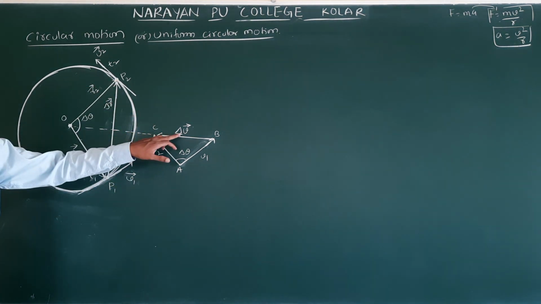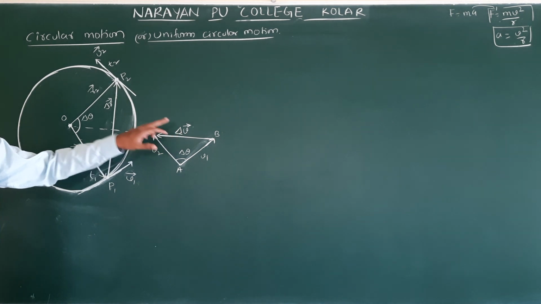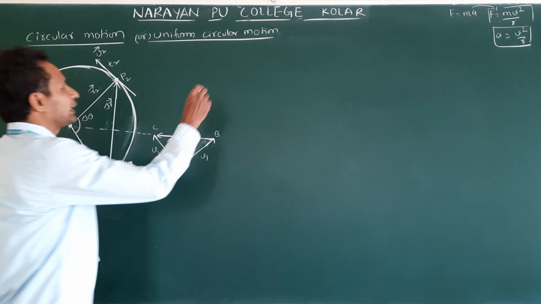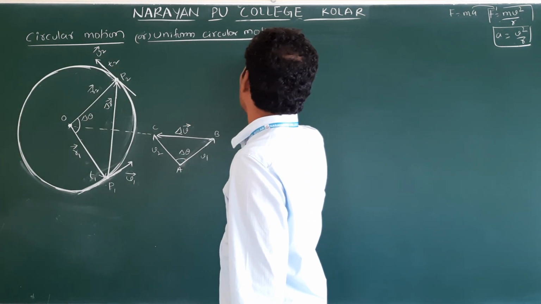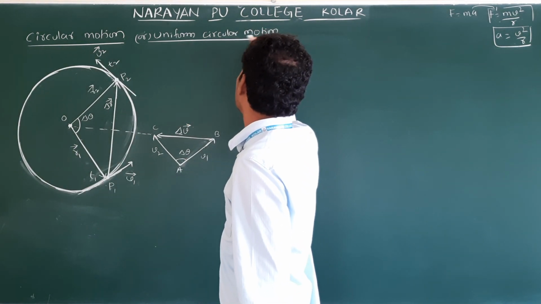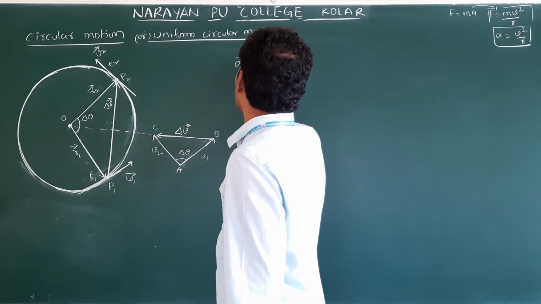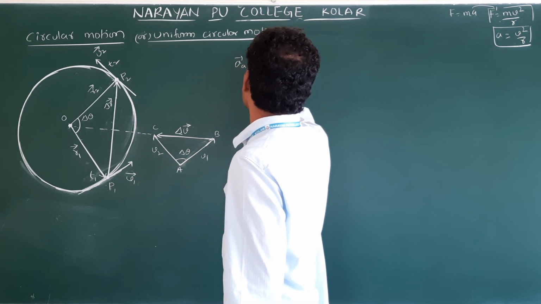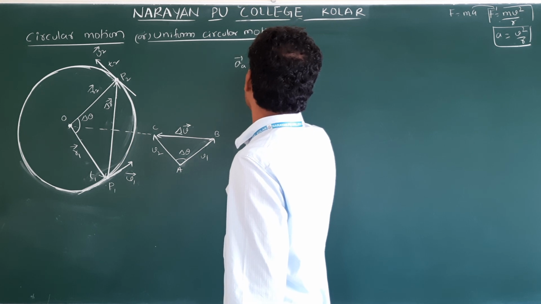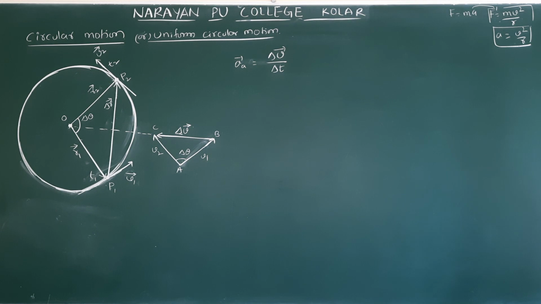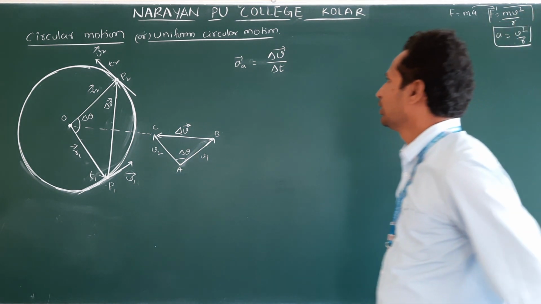Now, what do we find? Change in velocity with change in time. So how do we write average acceleration? Average acceleration is change in velocity by change in time.